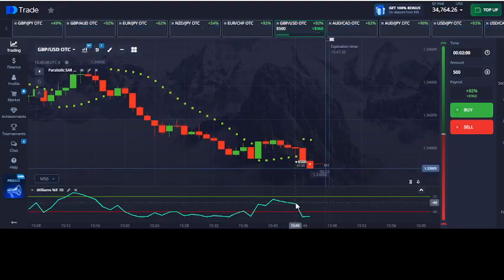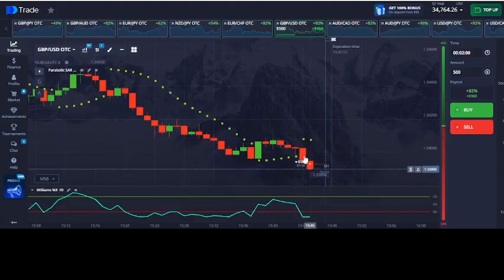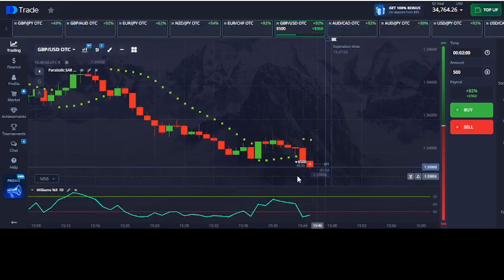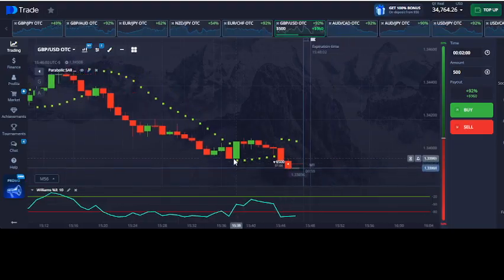Second of all, the Williams percent R line crossed below the 80 line in a downward direction here. Third, the parabolic SAR dots have begun to print above the candles here. And lastly, this previous red candle closed below this previous level of support here.